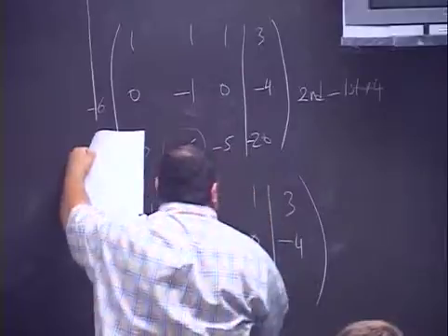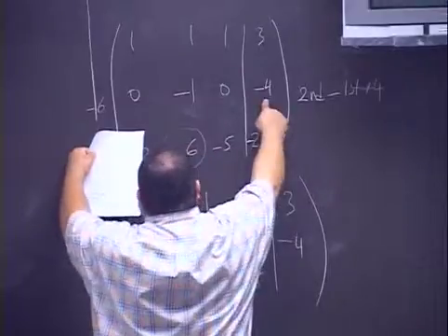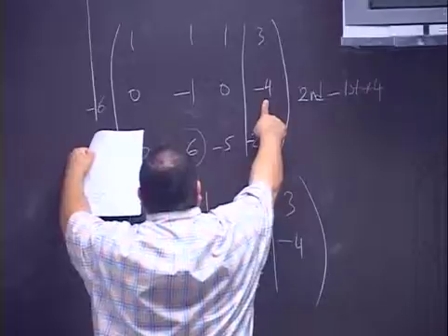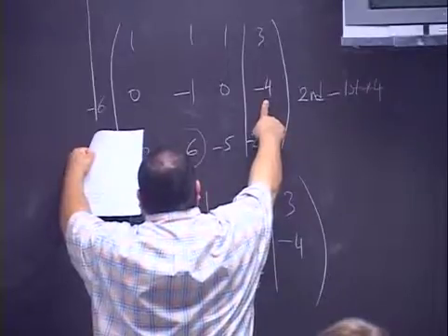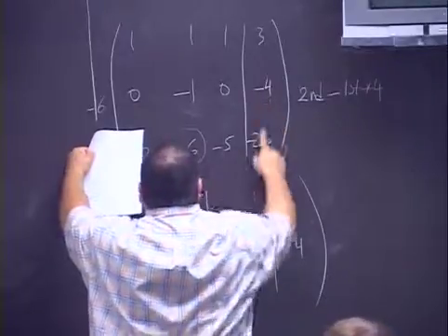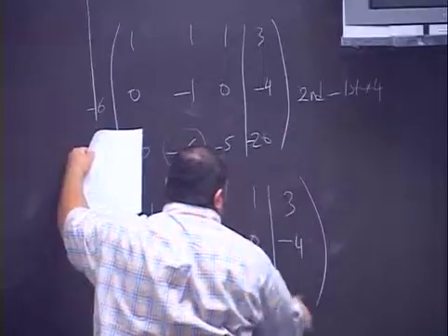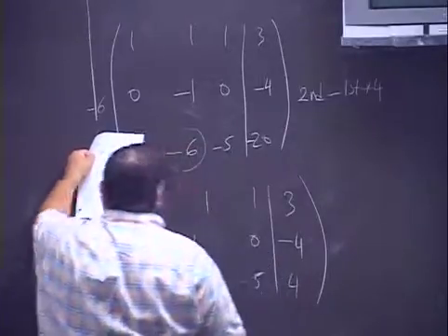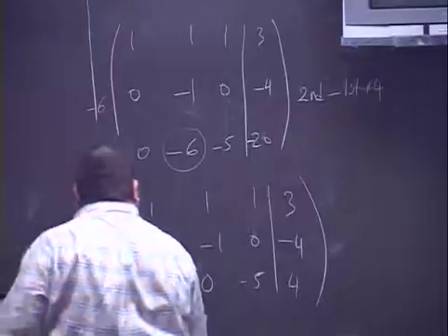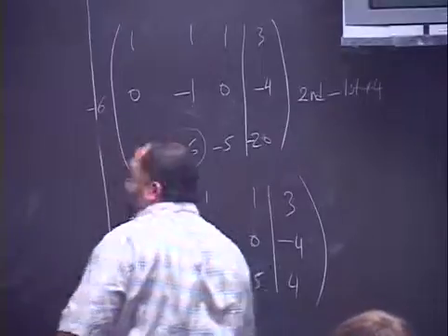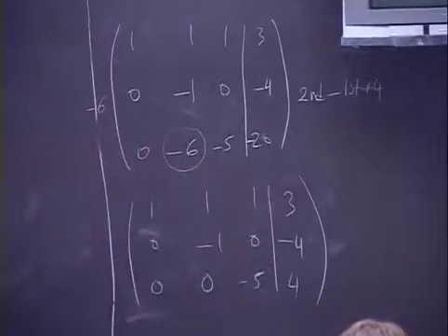And here is minus 5, so this will be minus 5. And this will be minus 6 multiplied by minus 4 is 24. Plus minus 20 is 4. So we reach this final equation. So what does this final equation say?